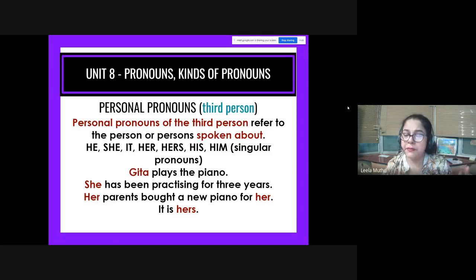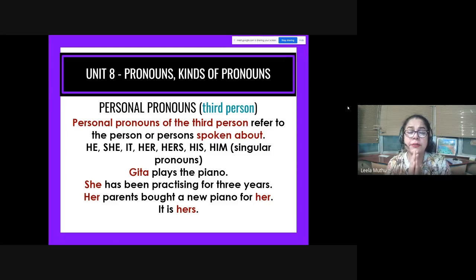Okay, now personal pronouns of the second person refer to the person or persons who are being spoken to. That is you, you all, and the words also connected to the personal pronouns of the second person are your and yours.